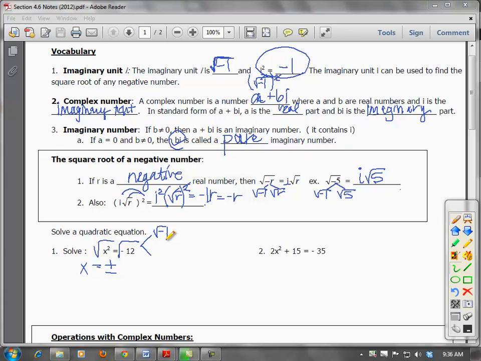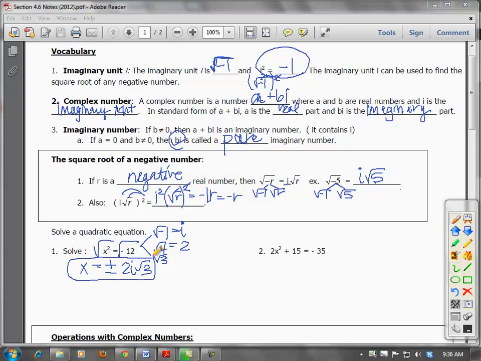And then I want to break down the square root of 12 if I can. Well, I can because the square root of 12 is the square root of 4 times the square root of 3. The square root of -1 is i, the square root of 4 is 2, and the square root of 3 I can't do anything with. So I've got this, and I'm going to write this in the best way I can: 2i, we treat it kind of like a variable, 2i with a square root of 3.